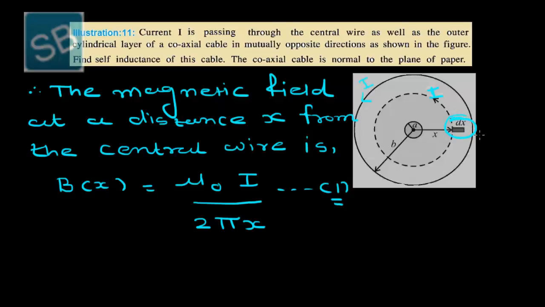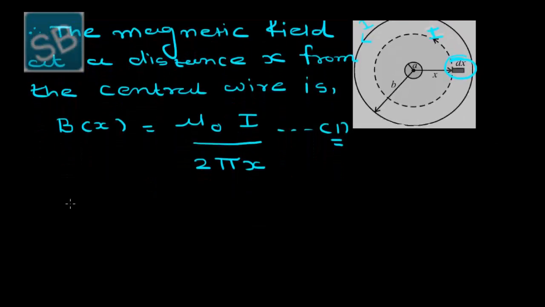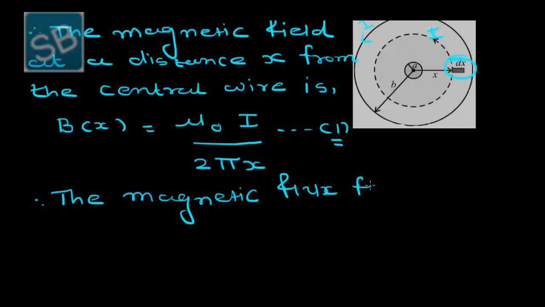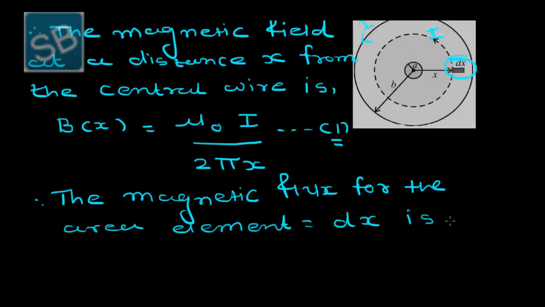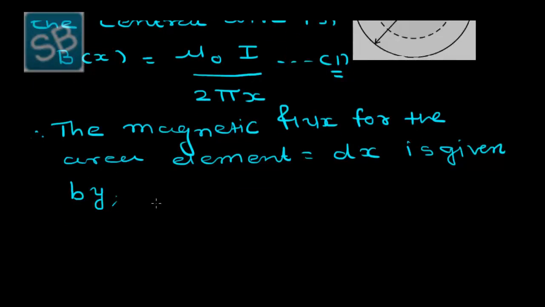For only the element dx I am going to find out the magnetic flux, which is given by d phi equals B_x into L into dx.